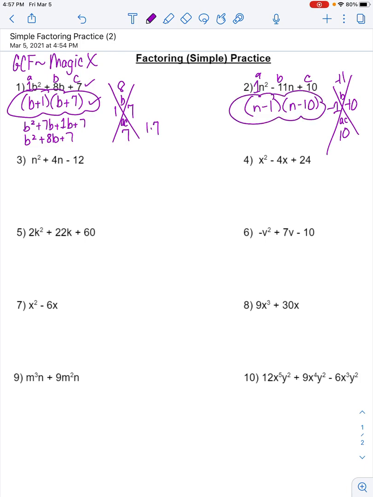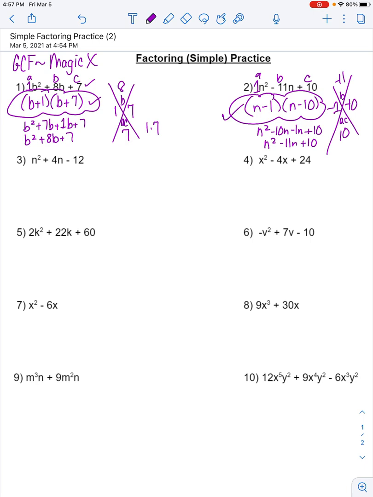So I have now factored that completely. I'm going to do a quick check. First, outside, inside, last, simplify, and that did give me my original problem back, so I know these are the correct factors for this trinomial.